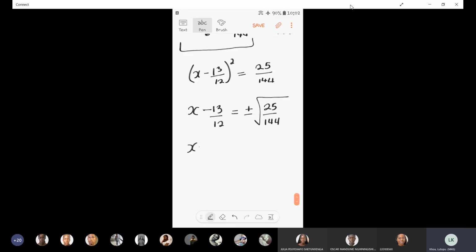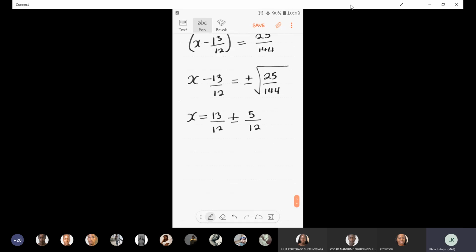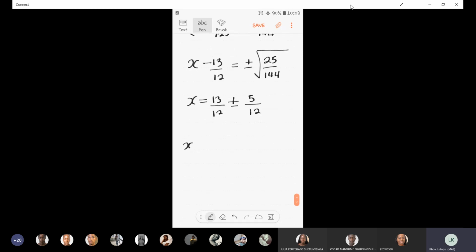So x will be 13 over 12 plus or minus 5 over 12. I work this out. The first x, this is 13 plus 5 over 12. So I can combine them under a single fraction because the denominators are the same.